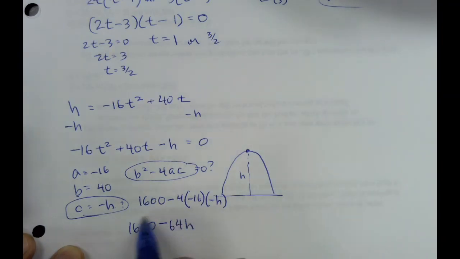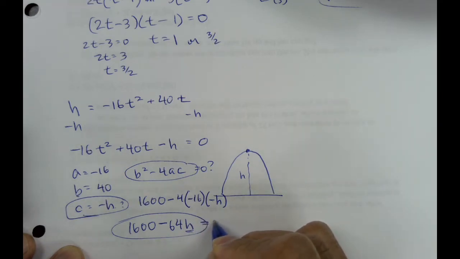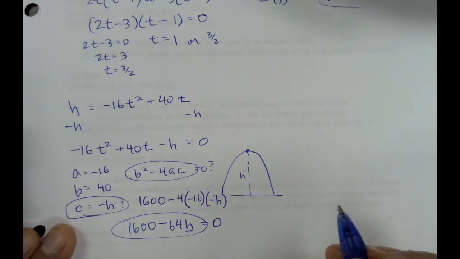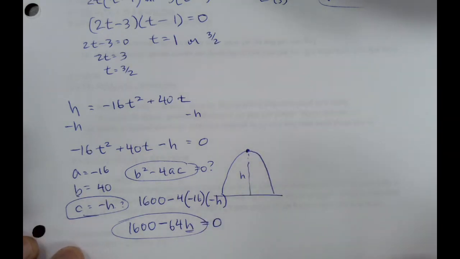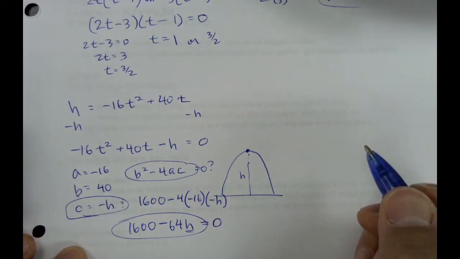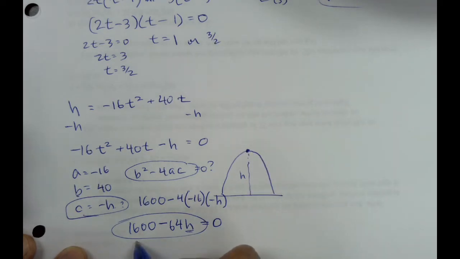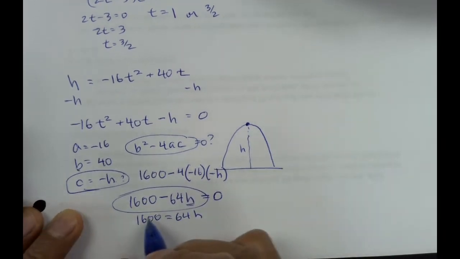Alright, that is the value of my discriminant for whatever value of h, so I'm looking for the specific value of h where the discriminant is equal to 0, because that is our one solution. That would be the maximum height. So we just solve this for h. Add 64h to both sides.